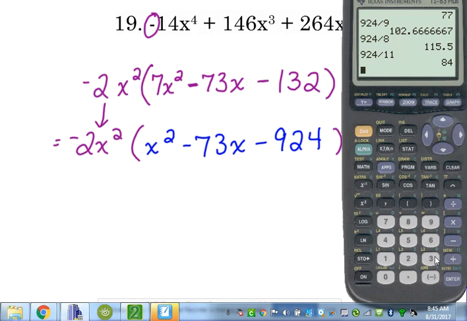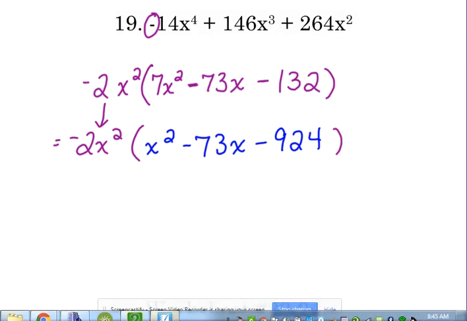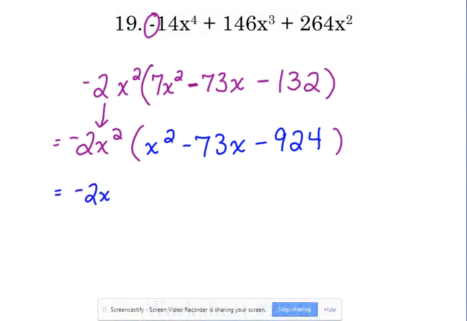Yes, they will. All right, so we've got -2x squared times x minus 84 and x plus 11, right? -84 plus 11 is what's going to give me -73. I'm not finished. I've got to divide. What do I divide by? 7.